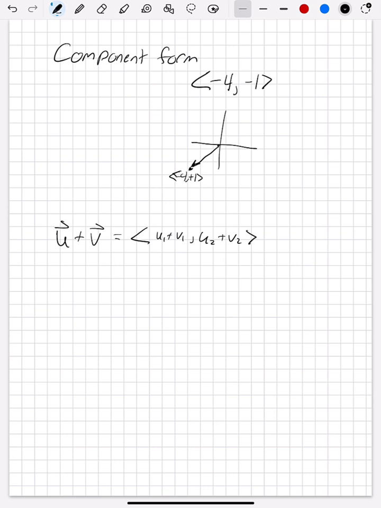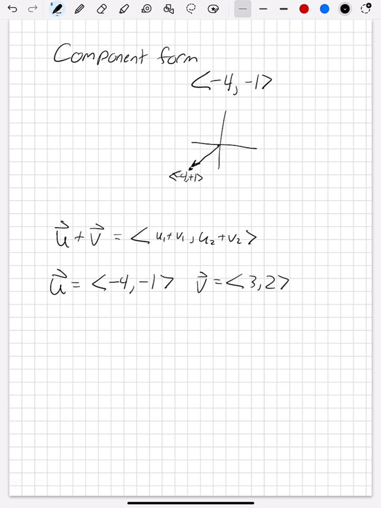So with the two vectors we were using, let's say u is -4, -1, and v is the one we were using on the previous slide, 3 and 2.